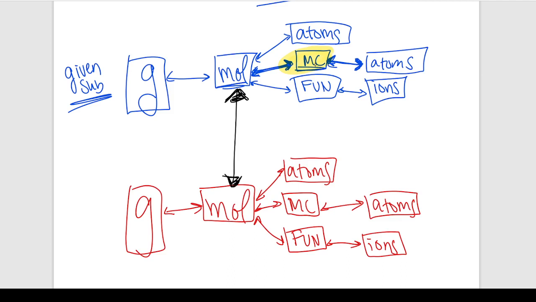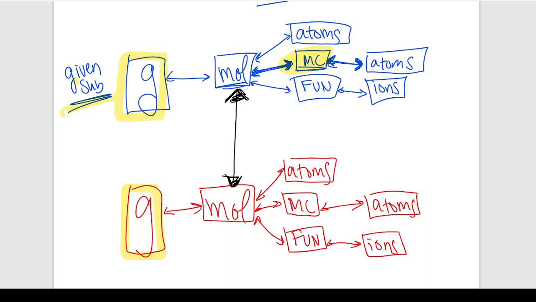So molecules is right here. I'm definitely in my given substance because that's what I started with always. But am I going to grams of my given substance or am I going to grams of a different substance? Grams of a different substance. So this is exactly why we call this the mole map, because you will use this to route yourself to where you're going.